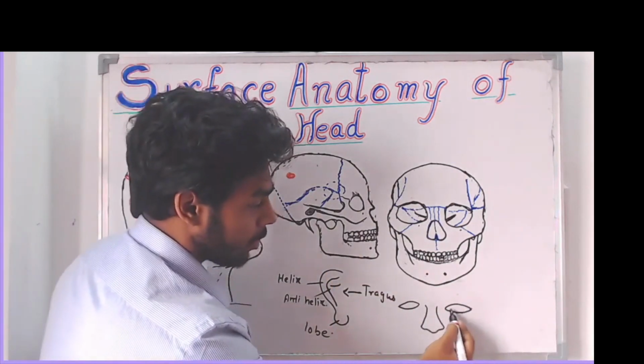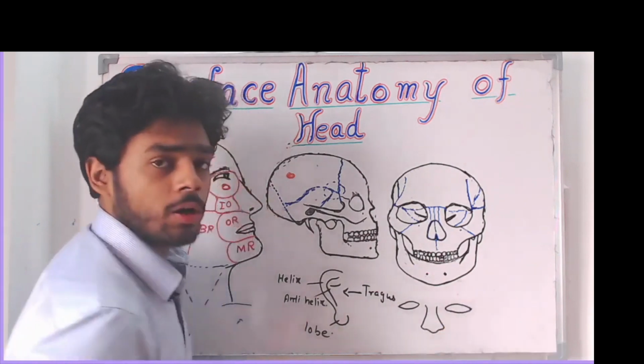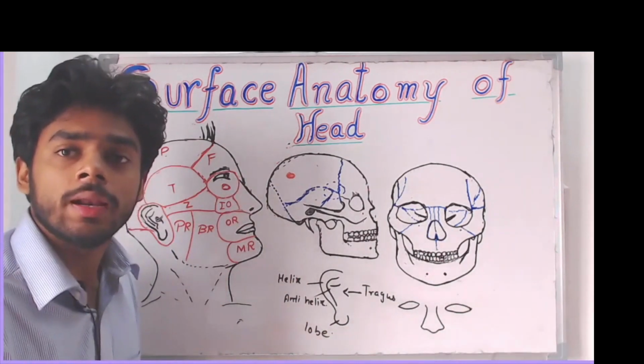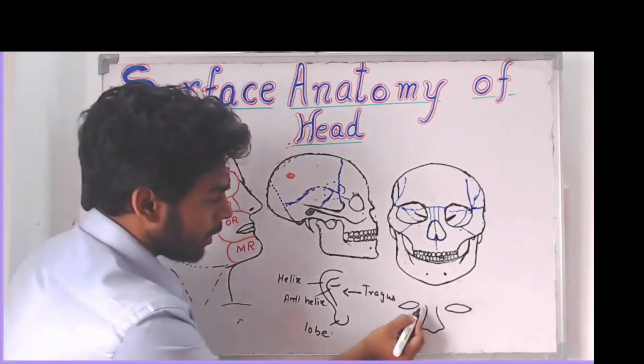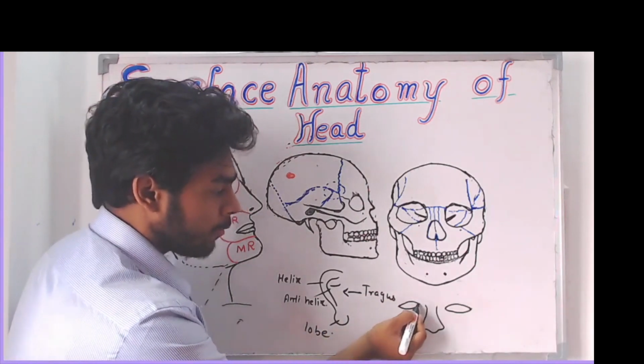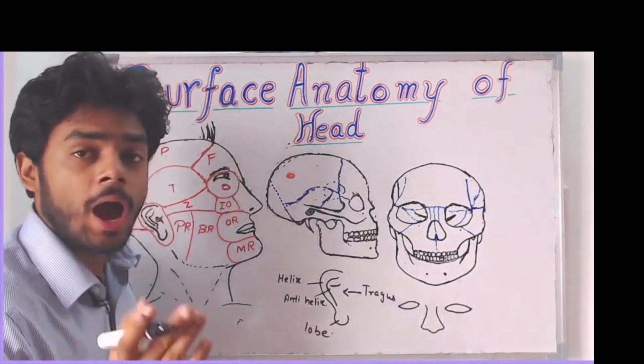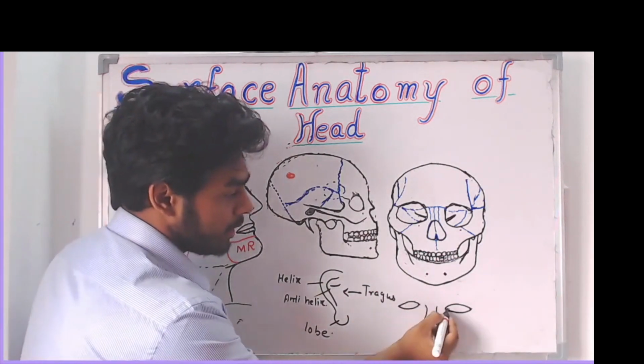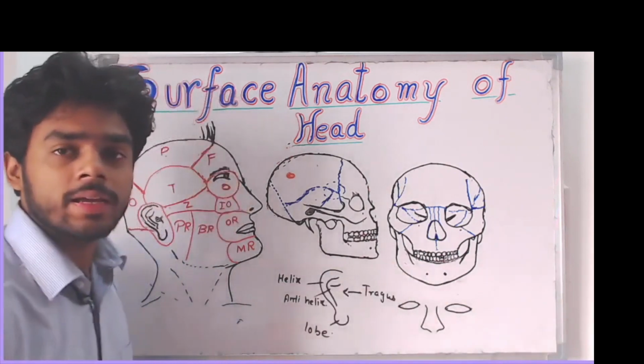This is the outer corner, and this is the inner corner. The inner corner where the upper and lower eyelids meet is called the medial canthus. So we have 2 medial canthus and 2 lateral canthus.